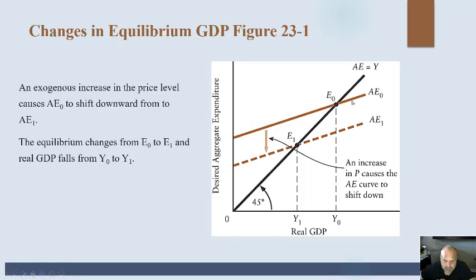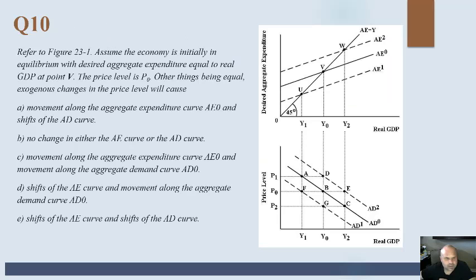And in this case, we would begin here at this level of real GDP, but it will fall to this level here, Y1, due to that change in the price level. And then we could plot the different price levels and incomes on a diagram, and we would trace out the aggregate demand. So given that discussion, let's try and do this question here.